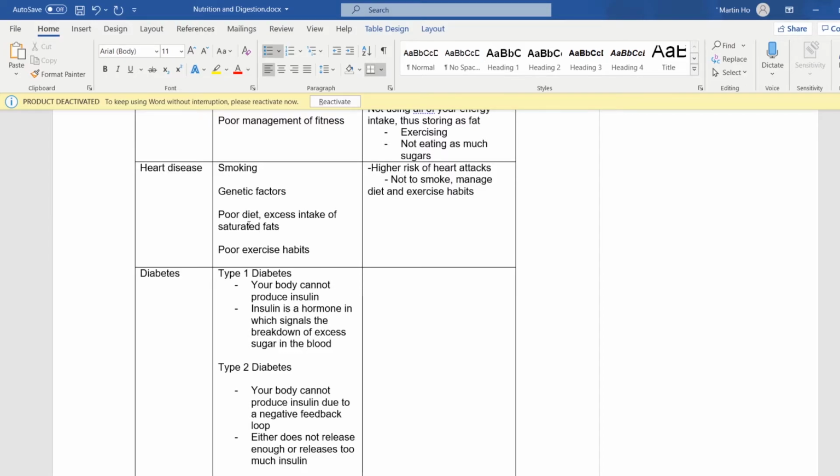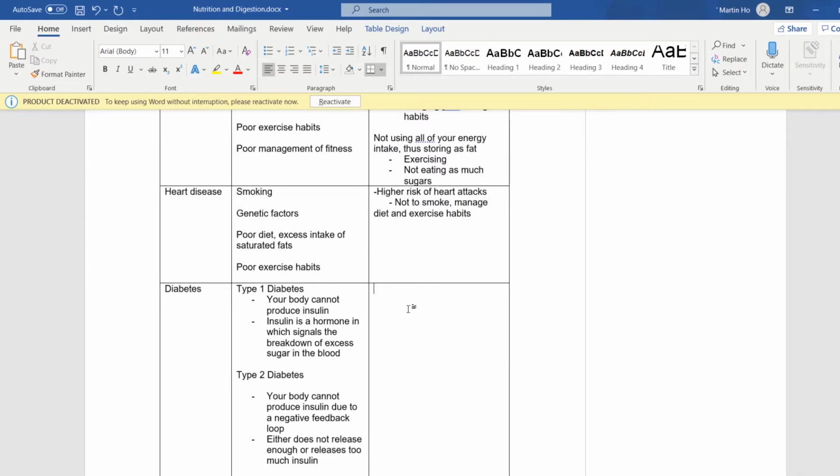Alternatively, if there is not enough energy due to this excess insulin release, the body will slowly begin tiring itself out as there's not enough energy for it to work anymore, and you'll start experiencing what we call hypoglycemia, a lack of sugar in the body.